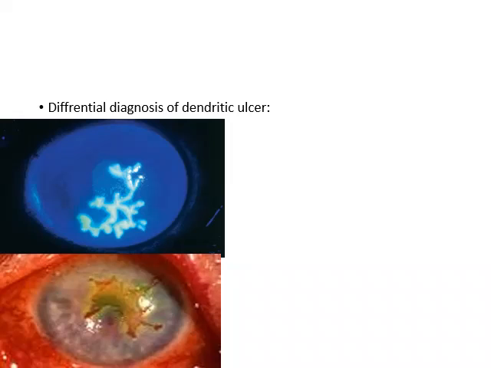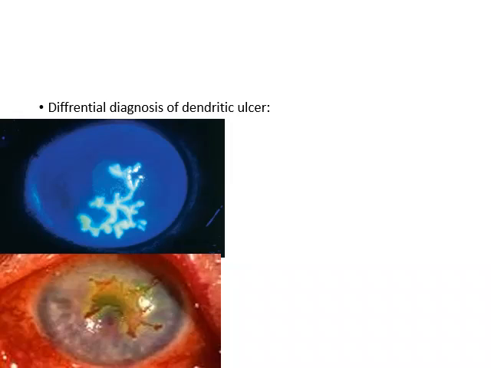If this patient with dendritic ulcer uses steroid for any cause, for example, if it is wrongly prescribed for the patient, this will cause an amoeboid ulcer, enlargement of the ulcer due to steroid. So steroid is absolutely contraindicated in viral keratitis or in any suspicion of herpes simplex keratitis.